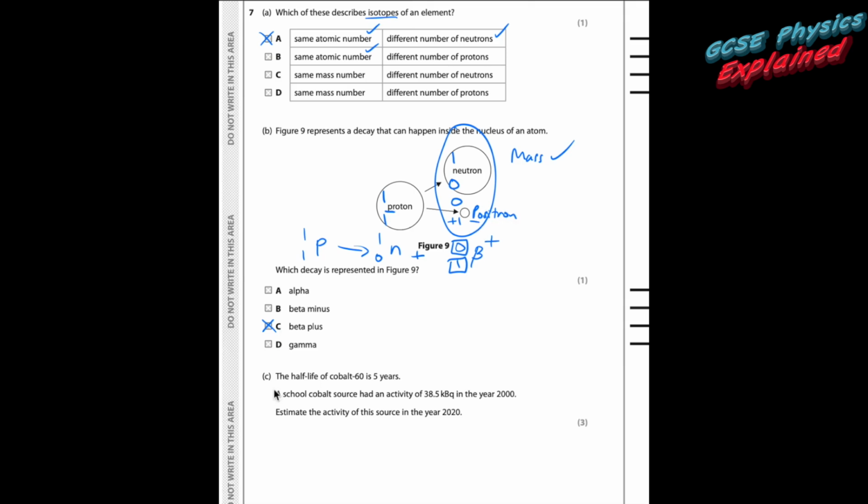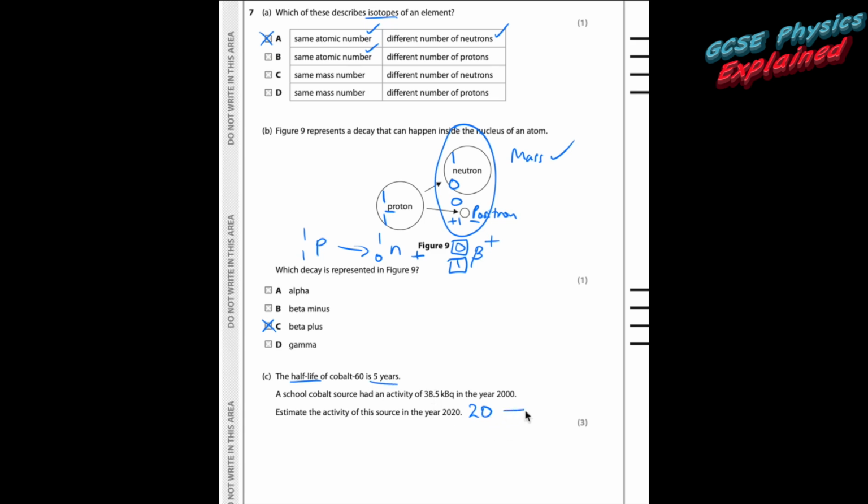Question C. The half-life of cobalt-60 is 5 years. A school cobalt source had an activity of 38.5 kilobecquerels in the year 2000. Estimate the activity of this source in the year 2020. So that's basically 20 years later. And they've said that the half-life is 5 years.